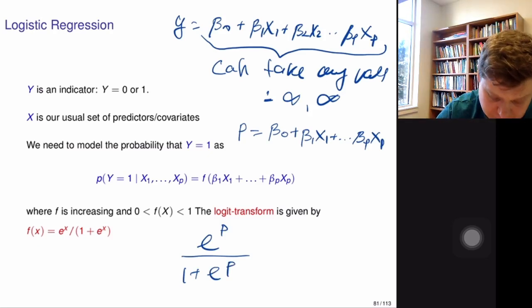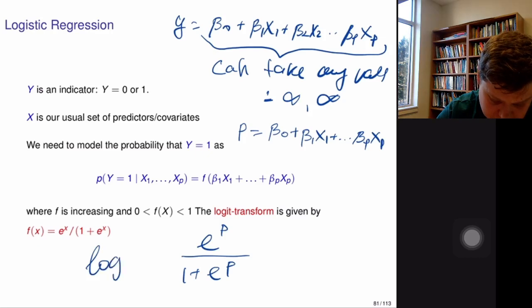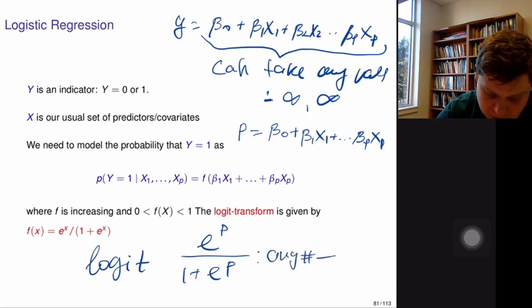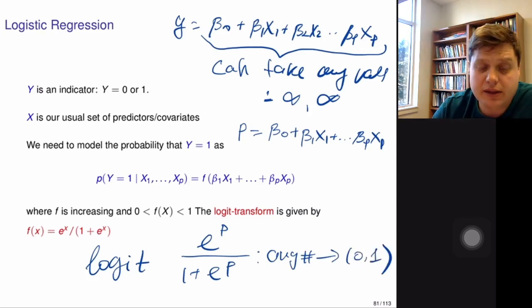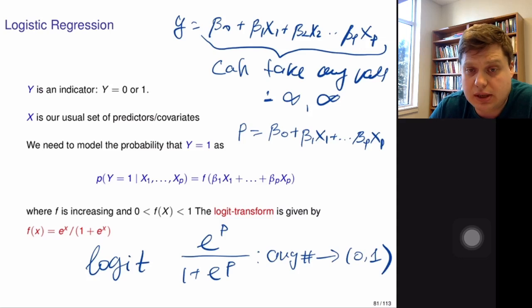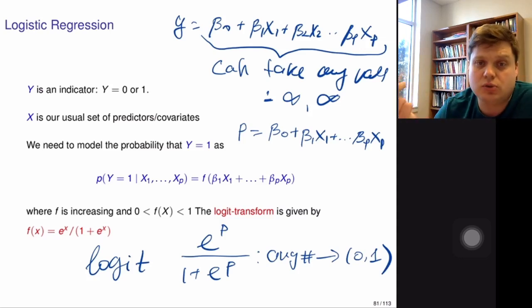This is called the logit function or logistic function, and that's why we call it logistic regression. The logit function maps any number to a number in the interval between 0 and 1, and that's exactly what we need. So essentially, logistic regression is a two-step process.